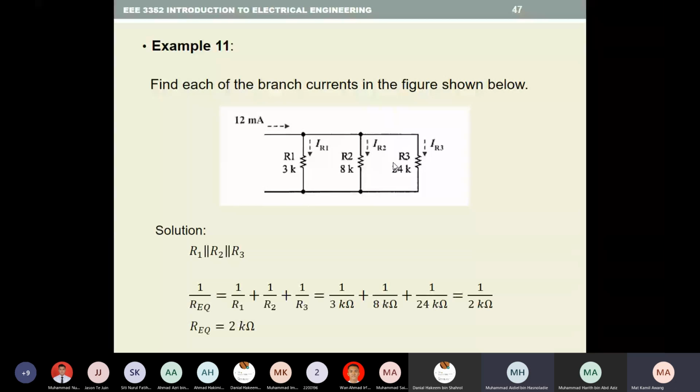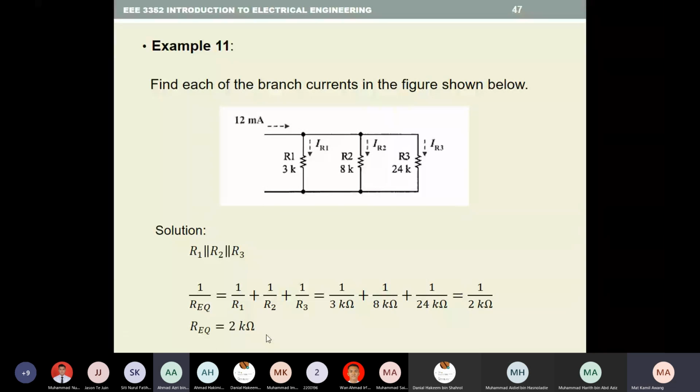So 1 over R equivalent is equal to 1 over 3K plus 1 over 8K plus 1 over 24K, which is 1 over 2K. Therefore, R equivalent is equal to 2 kilo ohms.